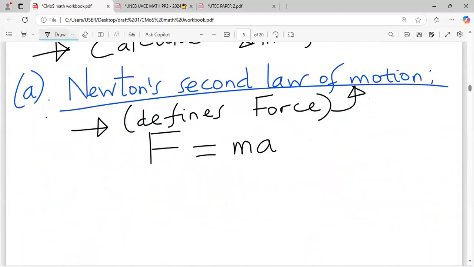So you know very well that force is a vector quantity, so we have to put a tilde on it. We have to put that vector symbol on force because force is a vector quantity. Then you also know that mass is a scalar quantity, so we shall leave it as it is. Then acceleration is a vector quantity, so we shall put that vector symbol. Those are two things that I actually wanted you to learn today.